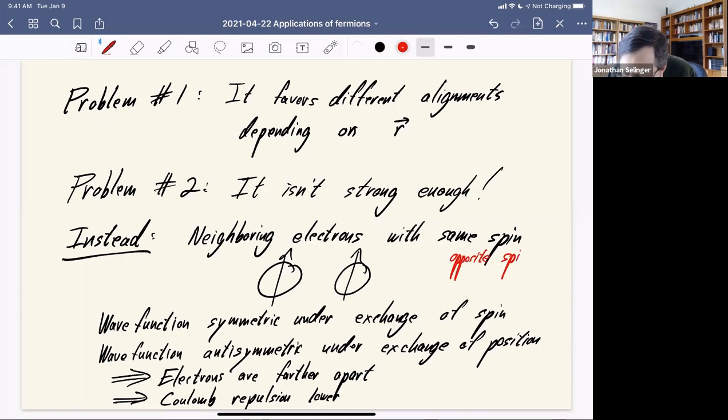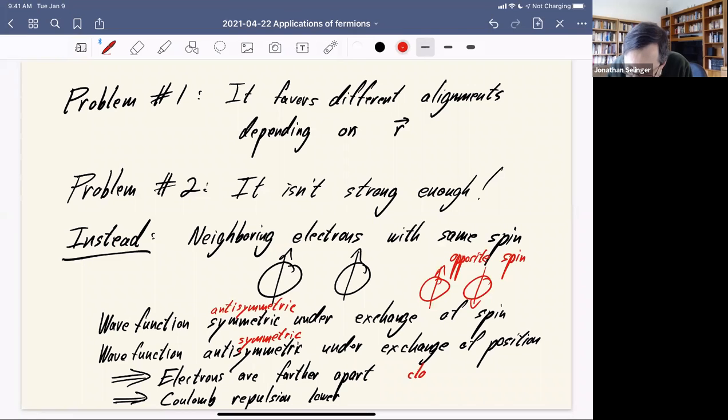If the electrons have opposite spin, like this and this, then the wave function, well, I won't say it has to be, but it can be anti-symmetric under exchange of spin. And for that reason, it can be symmetric under exchange of position.